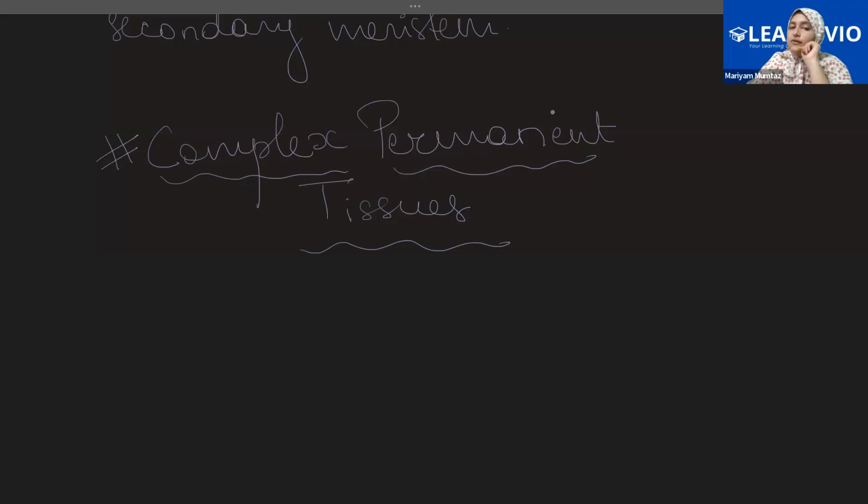But up until now, is everything clear? Any doubts? And what is conduction? For example, let's just say roots are present in the soil. From the soil, they absorb the water. Now, they have to transport that water to the leaves so that photosynthesis can be done.